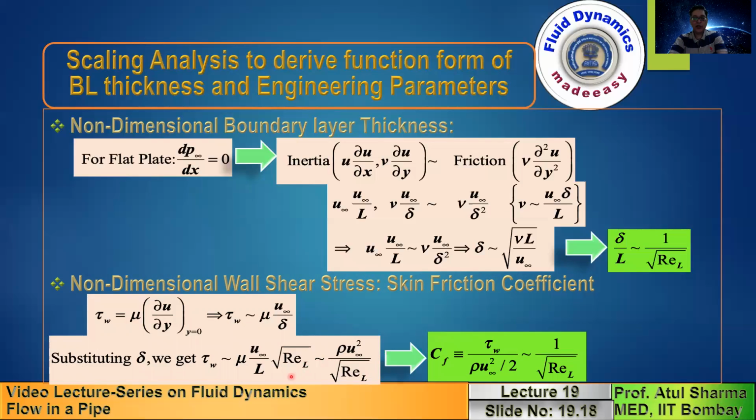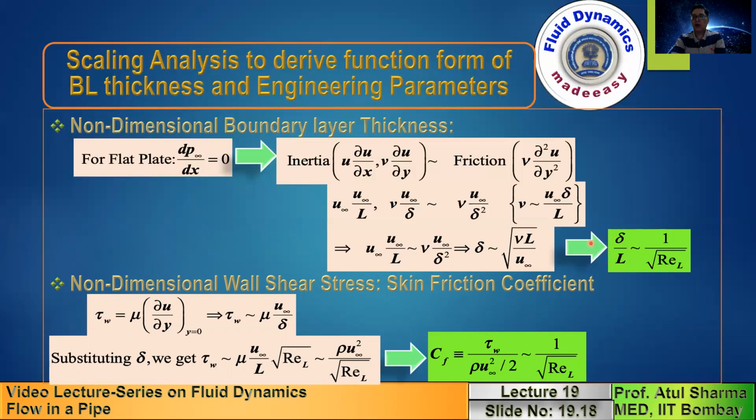So from this you can get a relationship that the skin friction coefficient is inversely proportional to the square root of Reynolds number. So by using a simple scaling analysis, which involves a very simple mathematical procedure, note that you have obtained the functional form of two output parameters in terms of one input parameter, which is the Reynolds number.